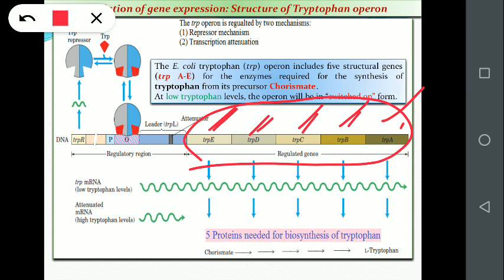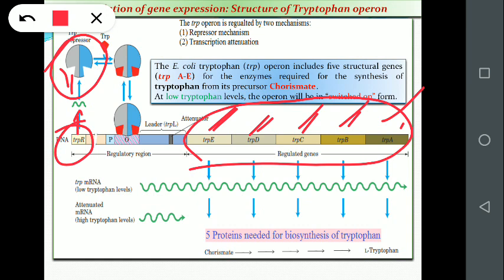So these 5 genes are regulated by the regulatory sequence. Here we have trpR. R stands for repression. In case of lactose, we have gene I. Here trpR, repressor. That gene is continuously expressed and produces a repressor protein.